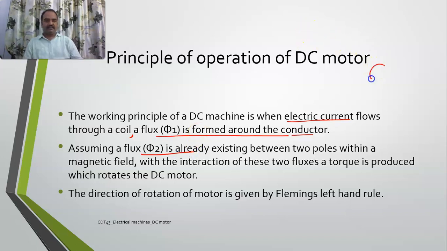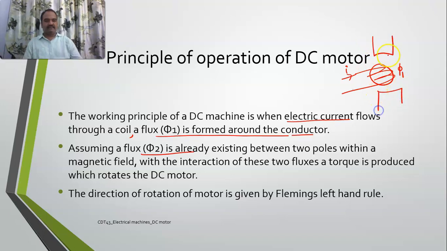So I take a conductor and give it a current, so automatically phi 1 is developed. Now I assume that there is already another flux, which is phi 2. When the two fluxes interact with each other, automatically torque will be produced and the conductor will move. The direction, as you know, is given by Fleming's left hand rule.